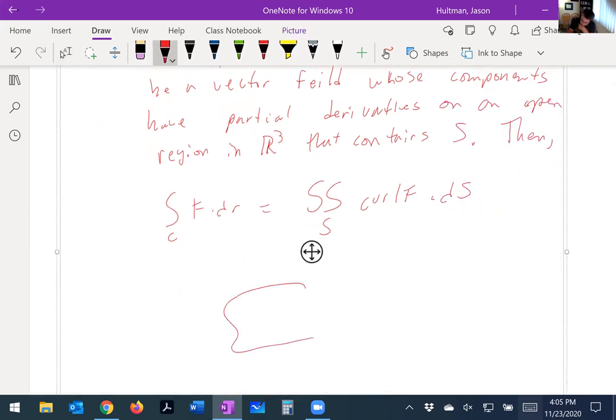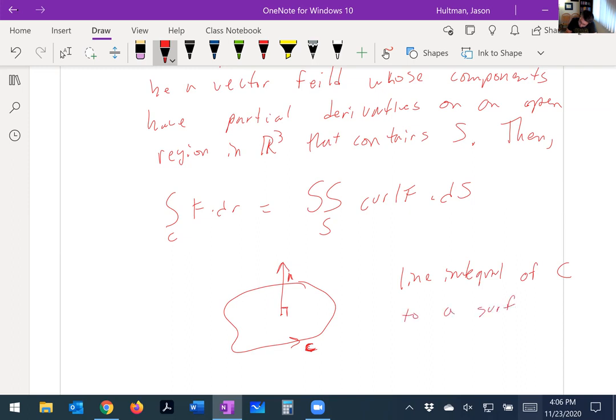So basically, taking this line integral over C, if we have a positively oriented surface, this would be n to our surface, then we can change the line integral of C to a surface integral of S.